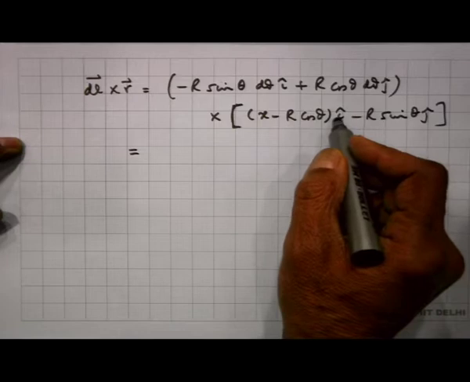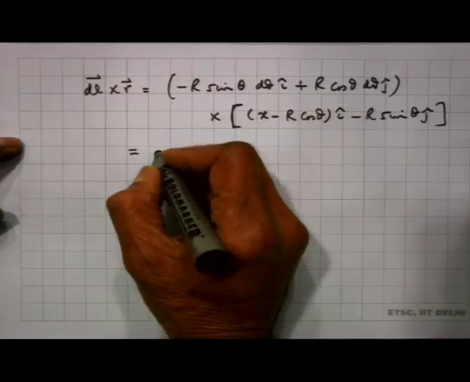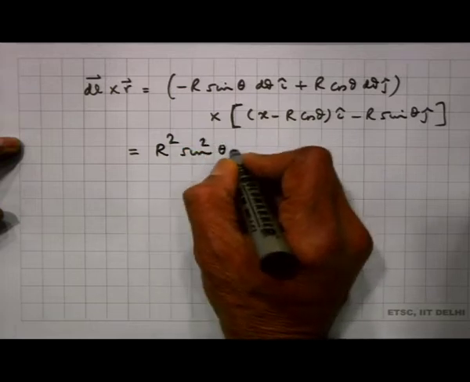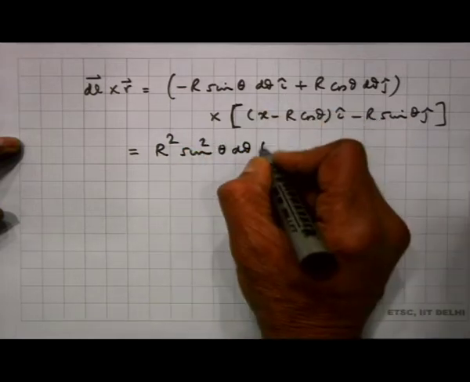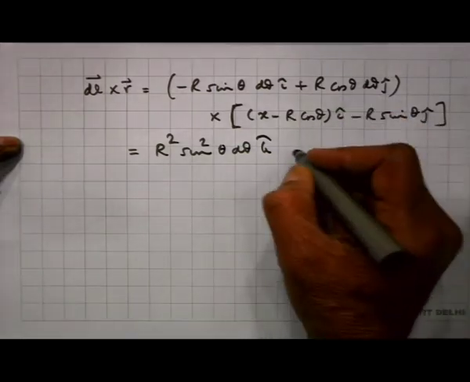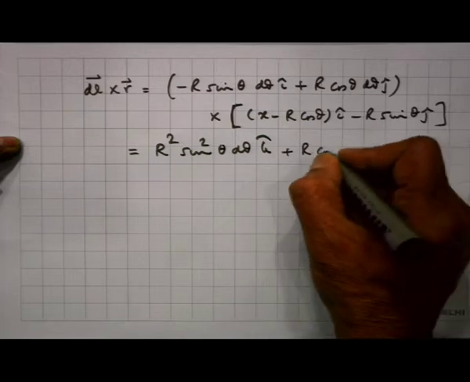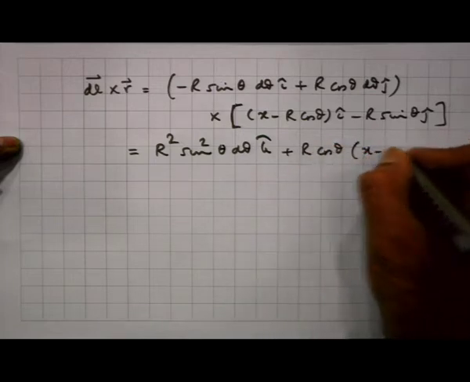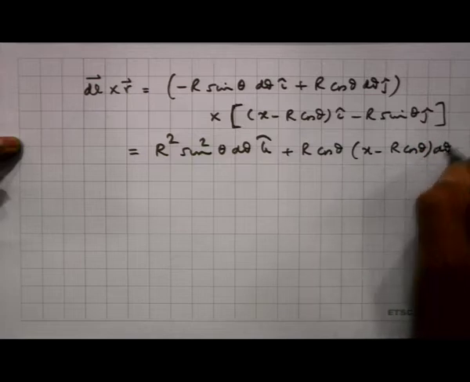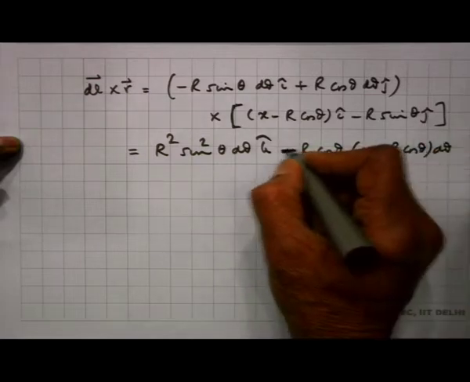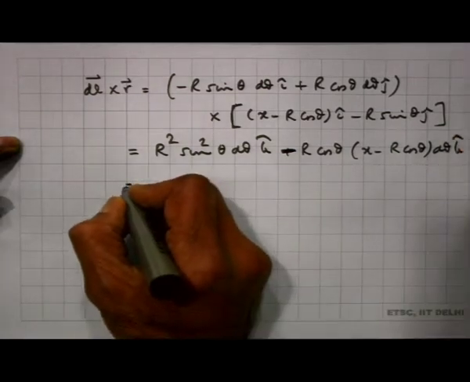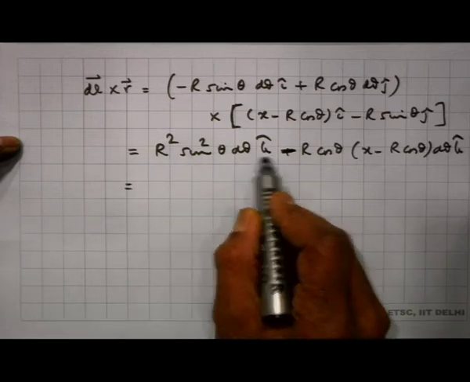So, i cap cross i cap is 0 and I get r square sin square theta d theta, with i cap cross j cap being k cap. Then j cap cross j cap is 0. So, I have the first one, plus r cos theta into (x minus r cos theta) d theta, and j cap cross i cap is minus k cap, so there is a minus sign with a k cap.